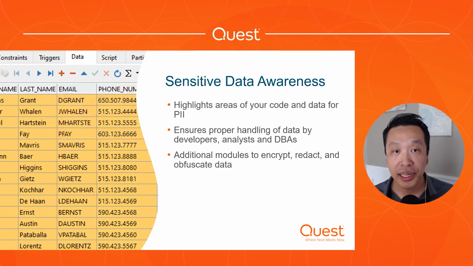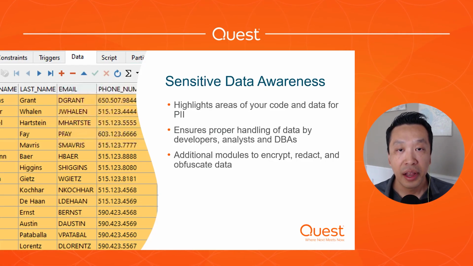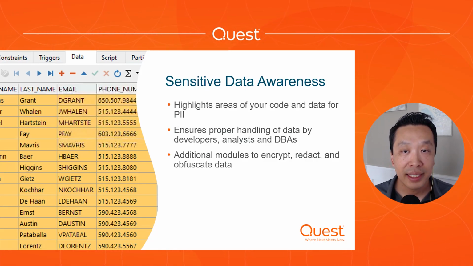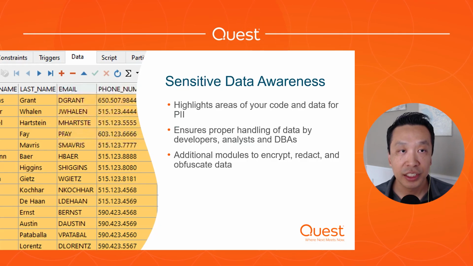As you work inside of Toad and look at data, it will highlight in orange if you're looking at or working with any sensitive data. There's a built-in dictionary inside of Toad that helps you find, correct, hide or obfuscate any of the sensitive data in your environment, so you don't accidentally expose data to a wider audience. That's just another way that we're helping you make sure that your data is secure.